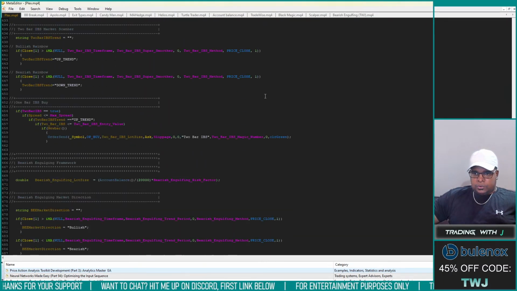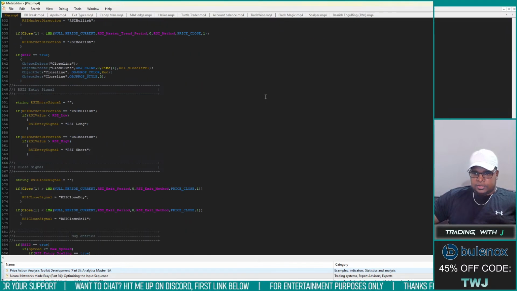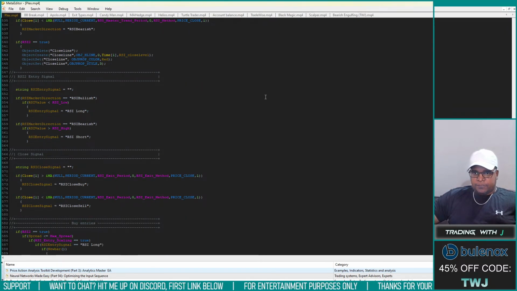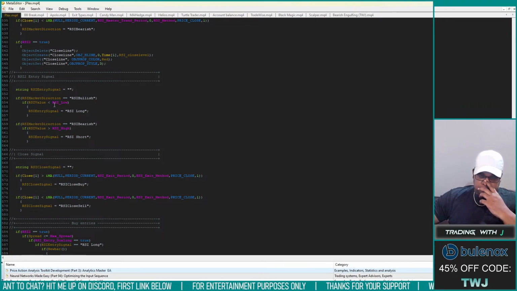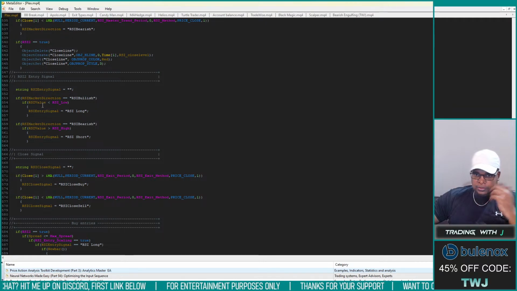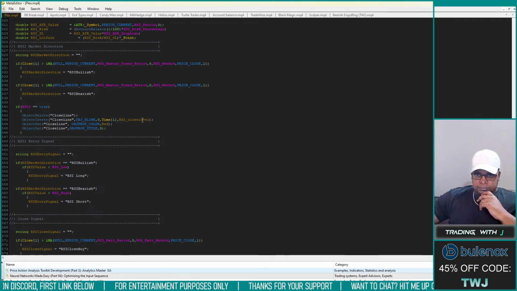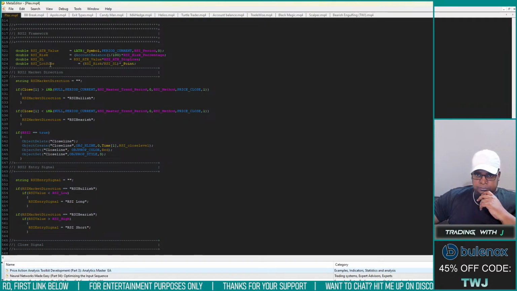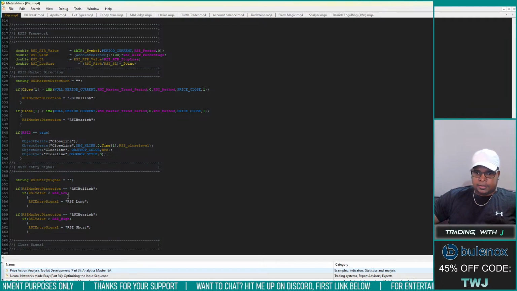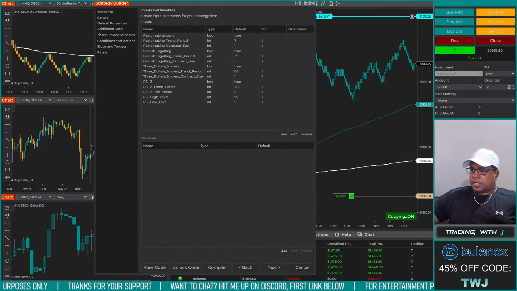So if we look at the code here for this strategy, we're going for the RSI low level to be under the RSI value of whatever our calculation works out to be. RSI value is just checking the RSI, and then we're waiting for the low to be below that, and then we get a long signal and then take that.